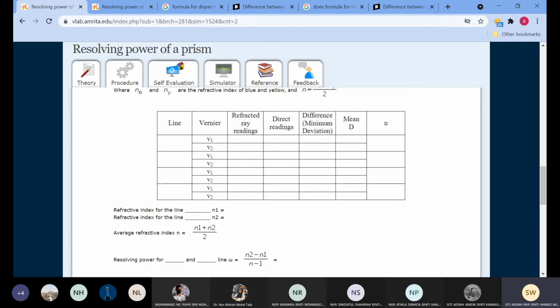For mean, I'm using this formula: Delta M multiplied with lambda. Delta M is the minimum deviation. For refractive index, we use equation 3.